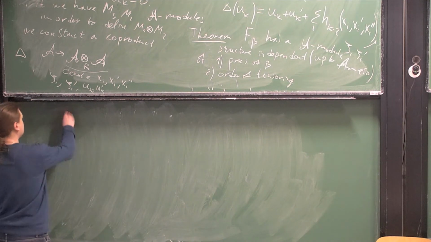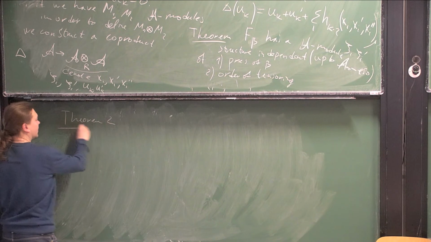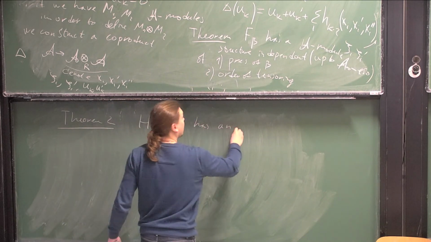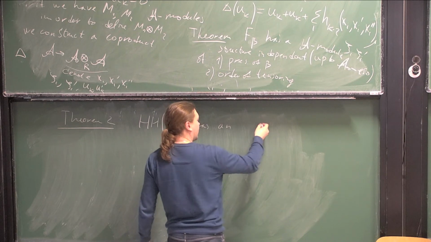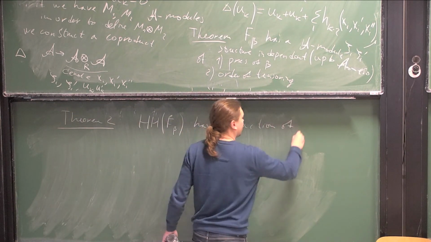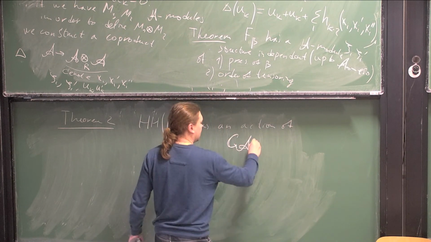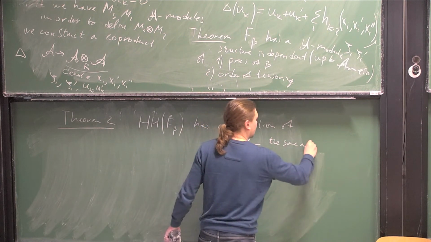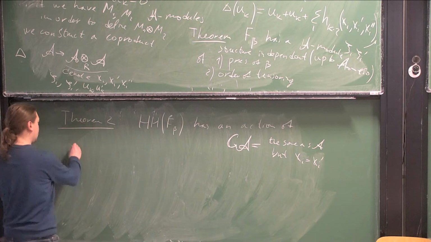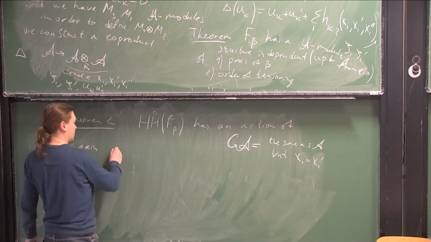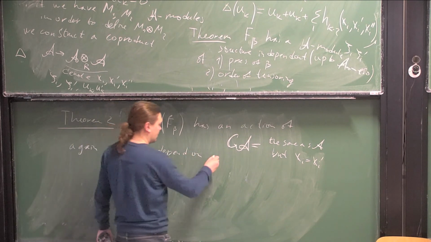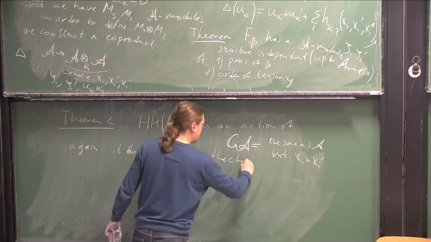So theorem 2: if you take HH, this has an action of another DG algebra, which we call CA, which is basically the same as A, but with I equals I. And again, it doesn't depend on the choices.